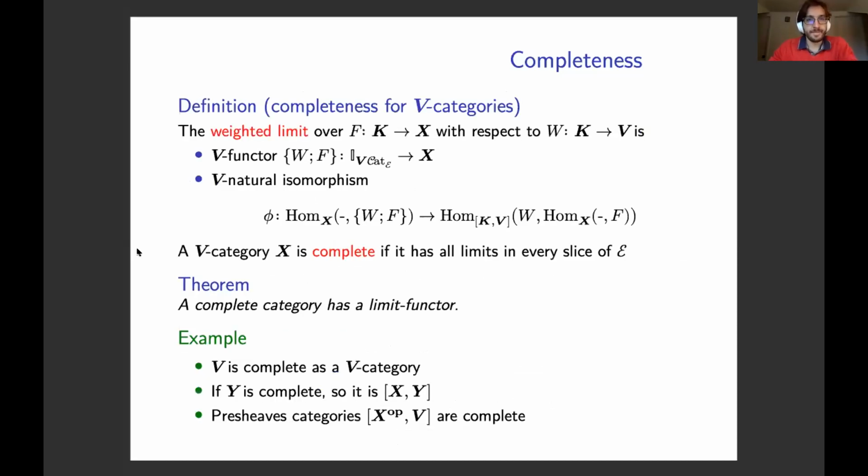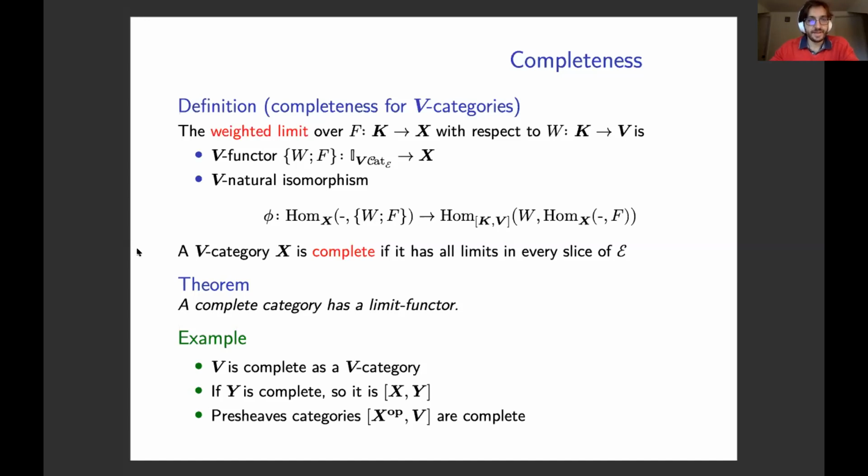So for completeness, we define weighted limits for any functor and any weight as given by a natural isomorphism, and we say that an internally enriched category is complete if it has all limits in every slice of the ambient category. So again, we need to enforce stability under pullback.